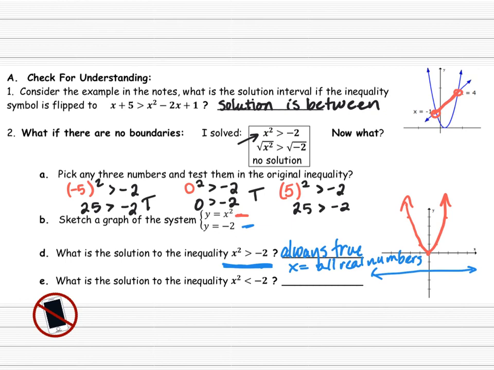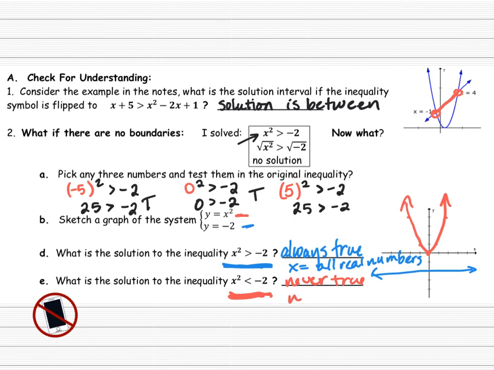Now, if I flip the sign around, I have x squared is less than -2. There is no number that I can put in that would have this parabola dipping below this line. It's always going to be above it. So if I flip that sign around, this one is never true.